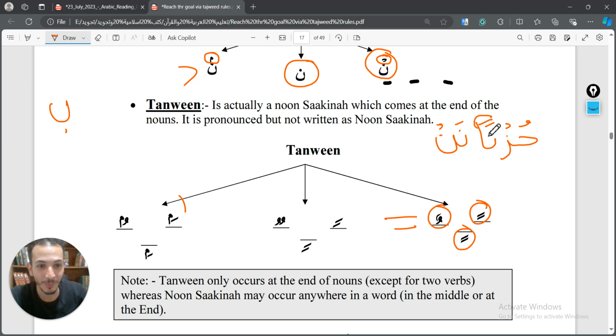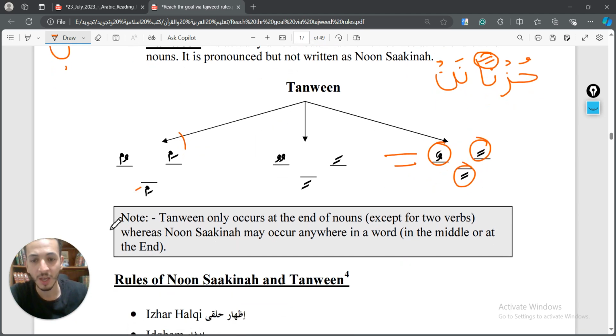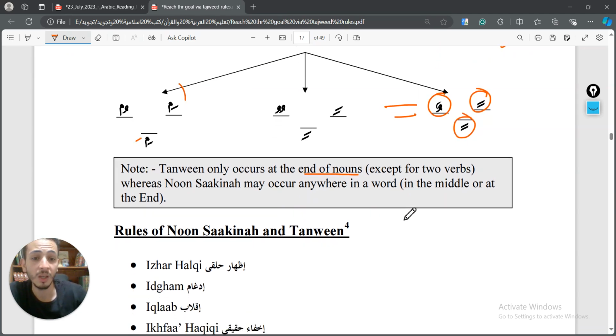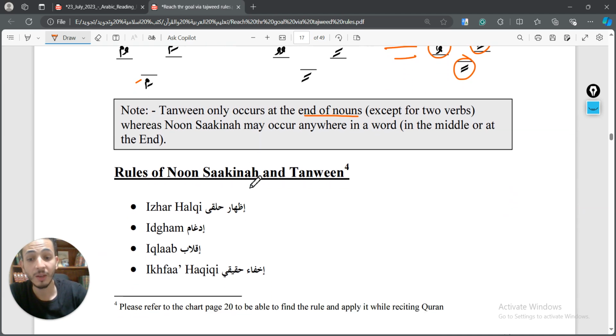So the tanween is pronounced as a Noon Sakina, nan, but not written as a Noon Sakina. Tanween only occurs at the end of nouns. That's really important to know, except for two verbs where the tanween may occur anywhere in a word, in the middle or at the end.